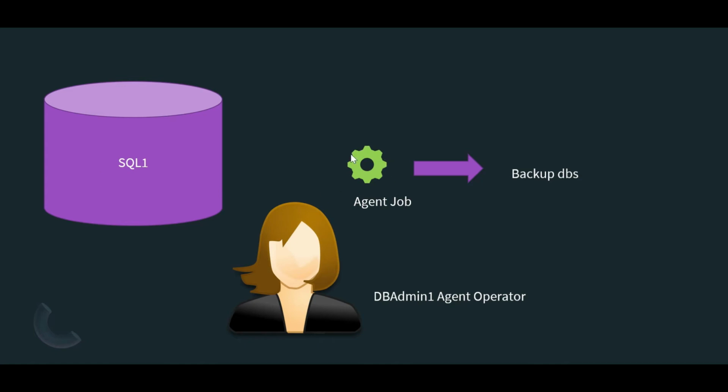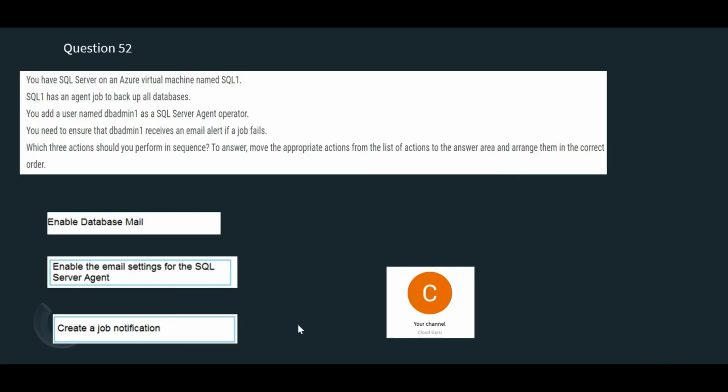Then this guy has to do something with the emails, raise email alerts, and then next job will be to create a notification. Then you create a notification job. So here you tell if there is a failure, then this support group or this user dbadmin, whatever the email ID is, it will automatically send emails.